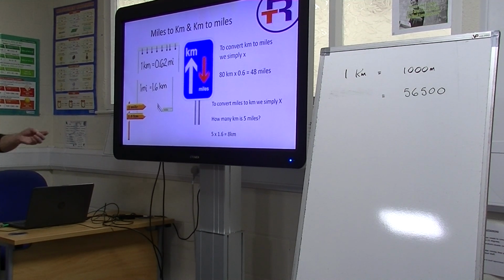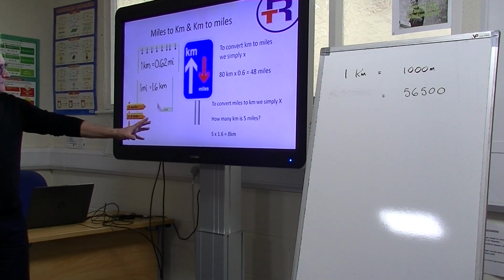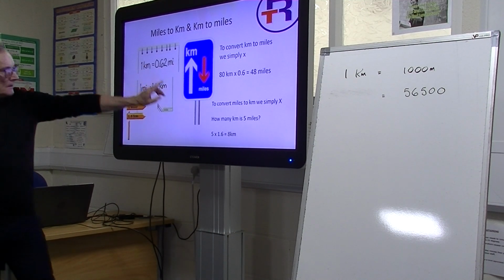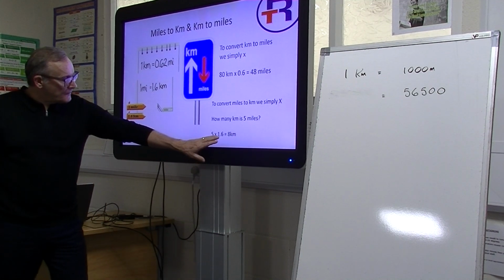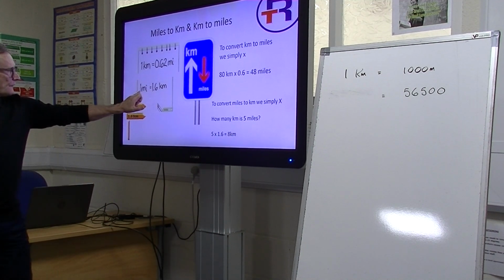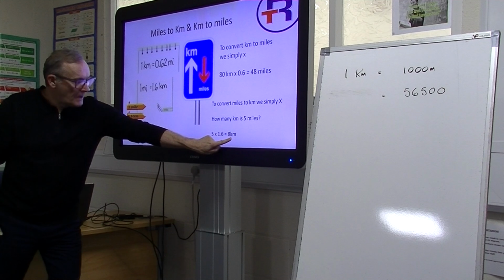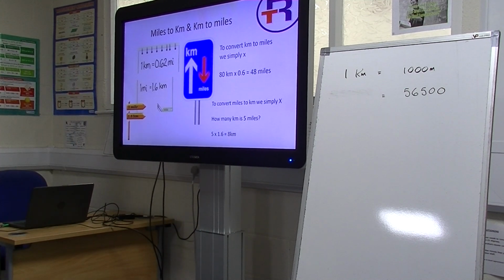And it's the same the other way. How many kilometres is 5 miles? 5 times 1.6, a bigger number, so that has got to be bigger. It's got to be 8 kilometres. Quite easy to convert between the two.